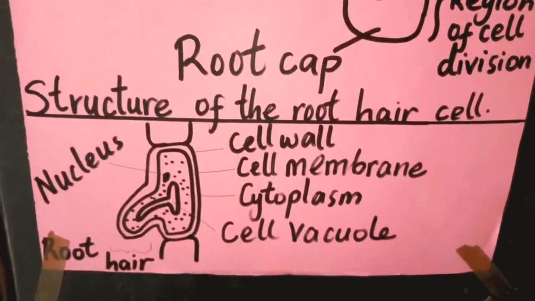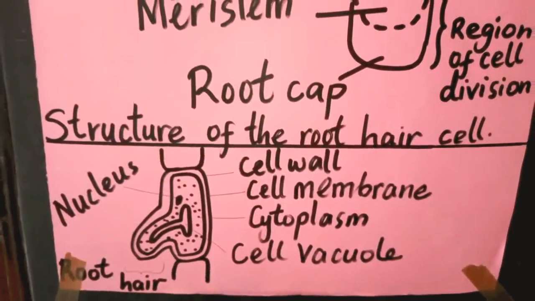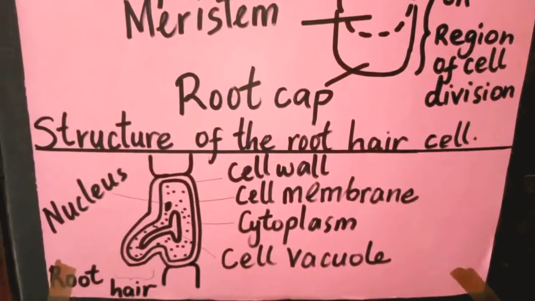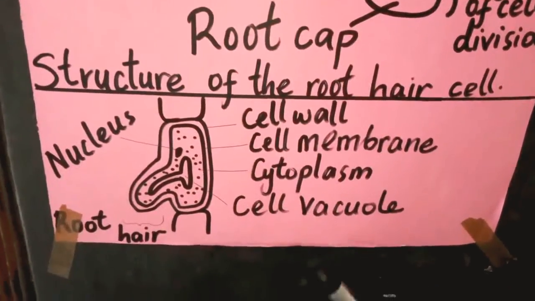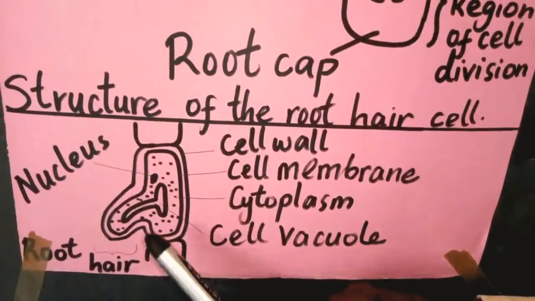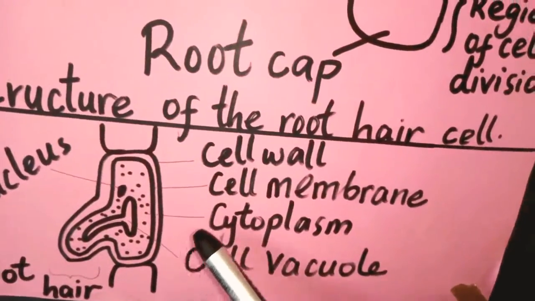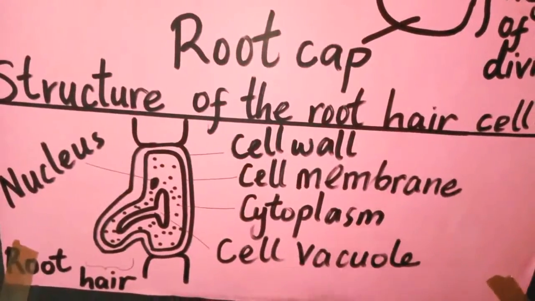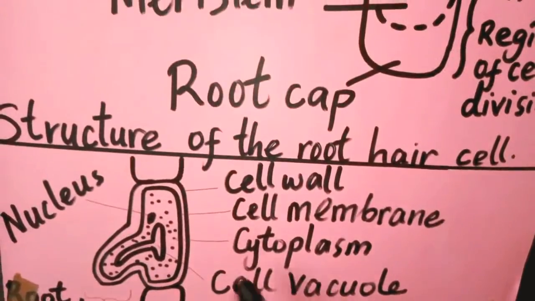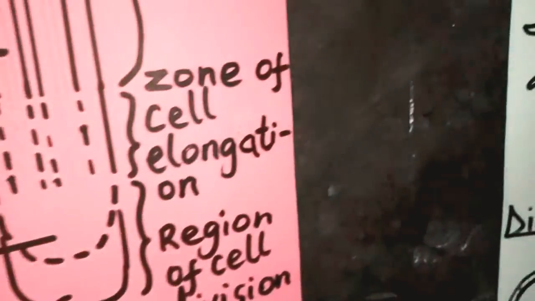Even though the root hairs have a short lifespan, they are continuously replaced for efficiency of water absorption. Another adaptation of the root hair cell is that they are thin-walled to facilitate the process of absorption of water, and therefore that marks the end of that subtopic under the root hair cell.